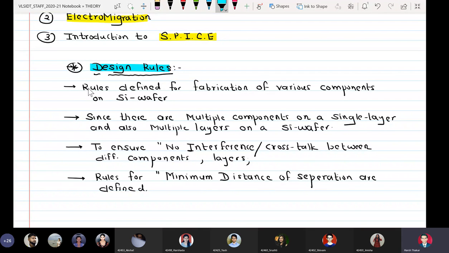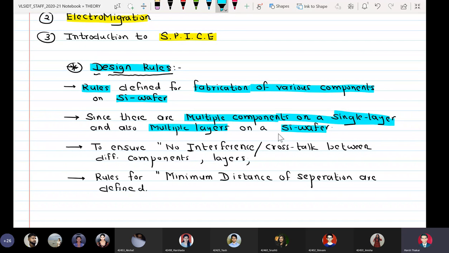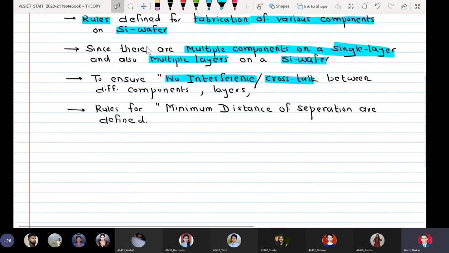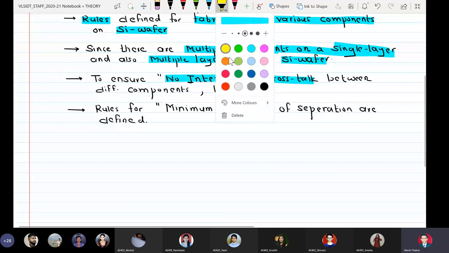design rules, these are the rules defined for fabrication of various components on silicon wafer. Since there are multiple components on single layer and there are multiple layers on silicon wafer, to ensure no interference or crosstalk between the different components, rules for minimum distance of separation are defined.